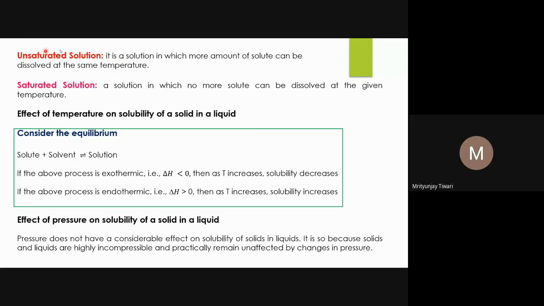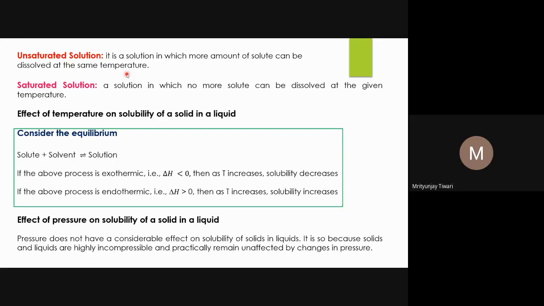Now let us understand the unsaturated solution. Saturated we know; I don't think I need to explain unsaturated, but anyway, let us see the definition. Unsaturated means a solution in which more solute can be dissolved at the same temperature.